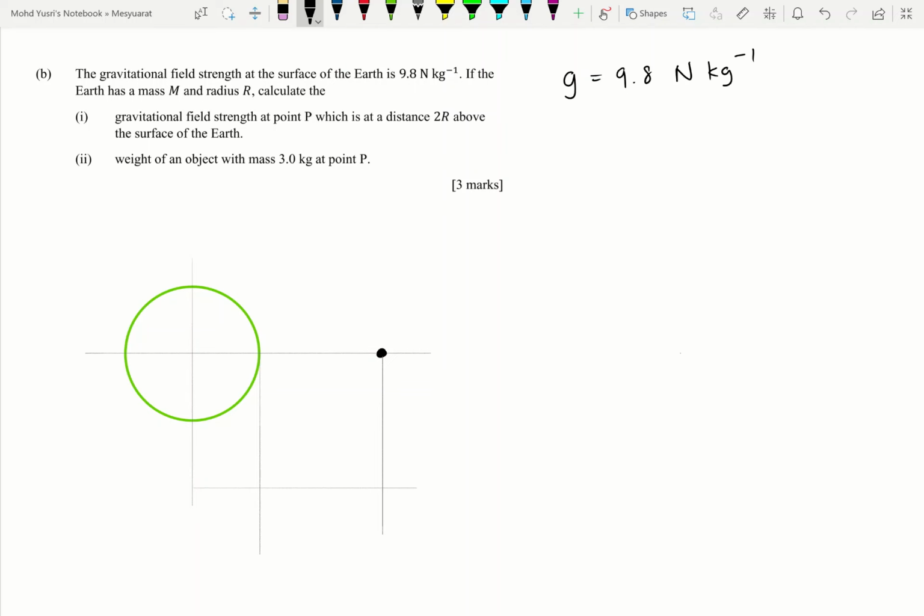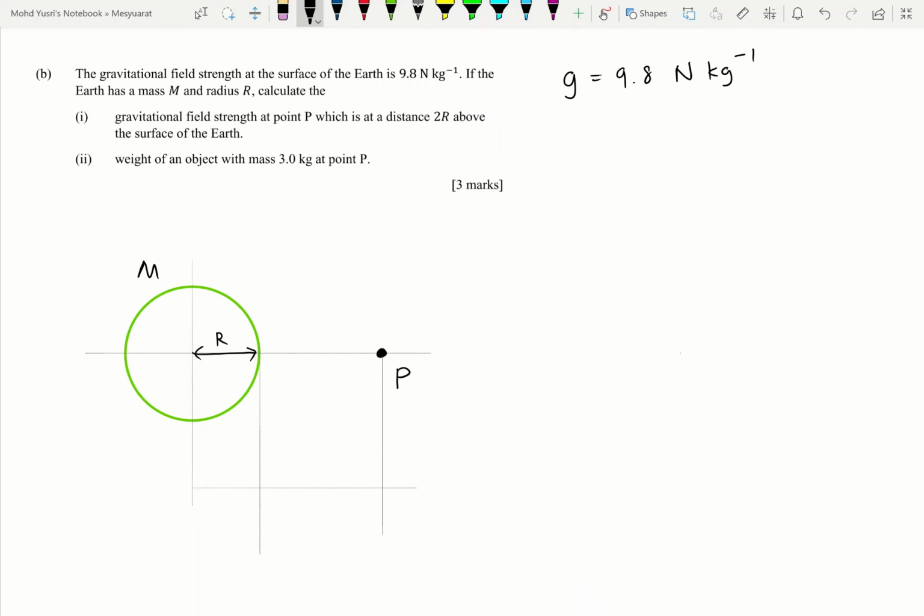Okay, so soalan dia, if the Earth have mass m and radius r, calculate the gravitational field strength at point P. Okay, so diagram is very important.